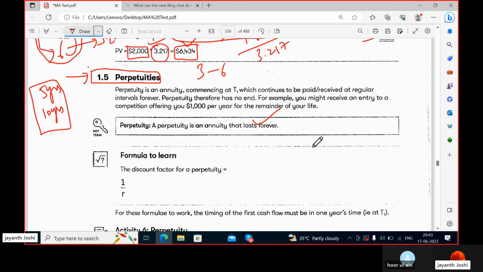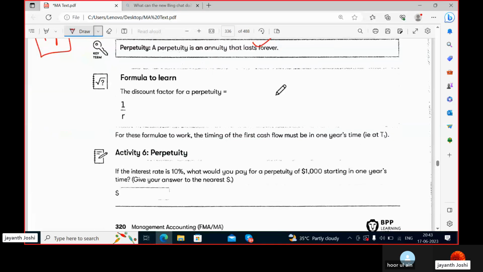The formula for perpetuity is nothing but the bond price is equal to interest divided by the rate. Okay, so I'll prove to you how. Let's say the interest payment British Telecom promised to their investors was $10, divided by the rate, at 10% they are giving this $10, 0.10, this is the rate.